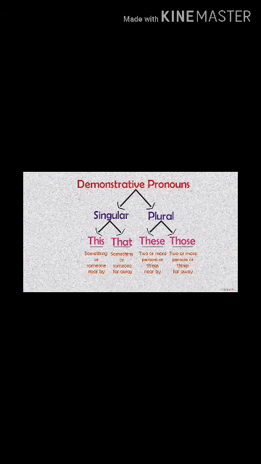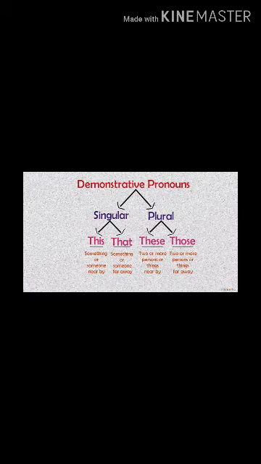So I hope you have understood the demonstrative pronouns, that is the use of this, that, these and those. You can see here in this picture, in this flow chart, that is demonstrative pronouns, there are 2, singular and plural, and it will be divided into 2 more.